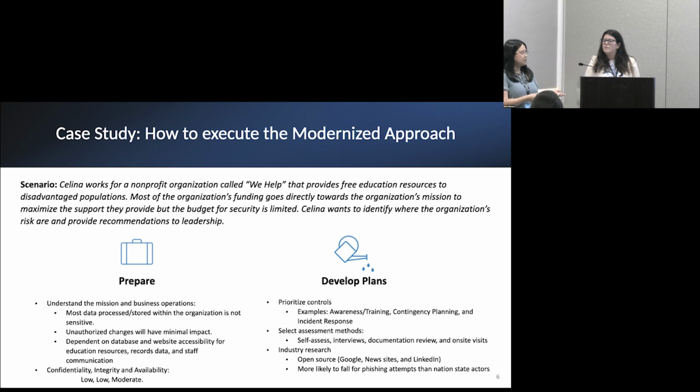During that research, she discovered we're not usually the targets of nation-state actors. However, there are a lot of incidents reported that come from not having good security best practices, like phishing attempts, where staff click on a suspicious link in their email out of curiosity, like, oh, I'm going to win an Amazon gift card. And that leads to a cyber breach and loss of data.